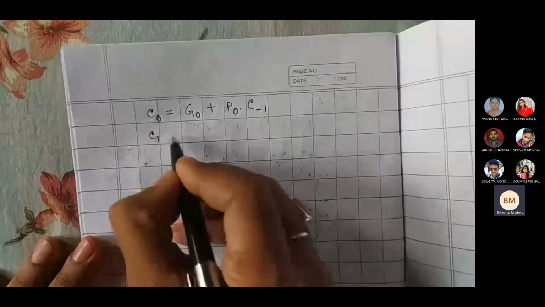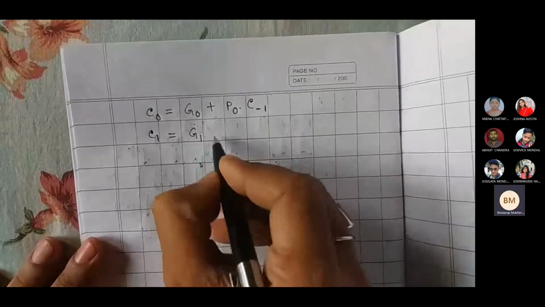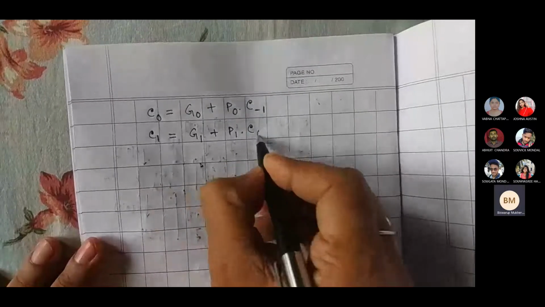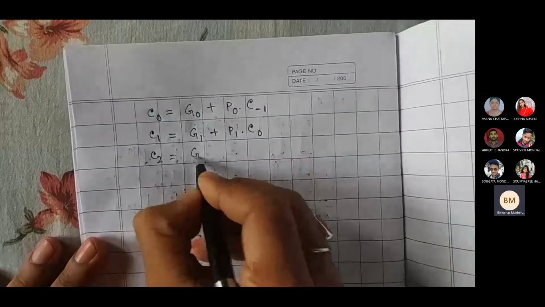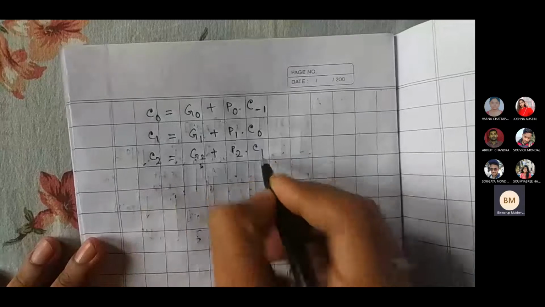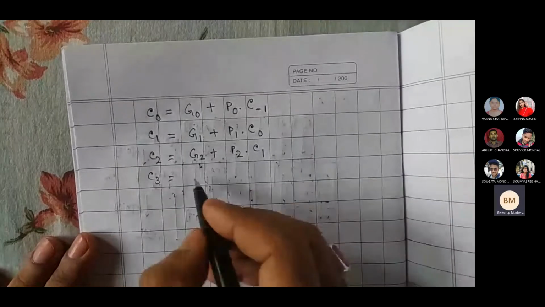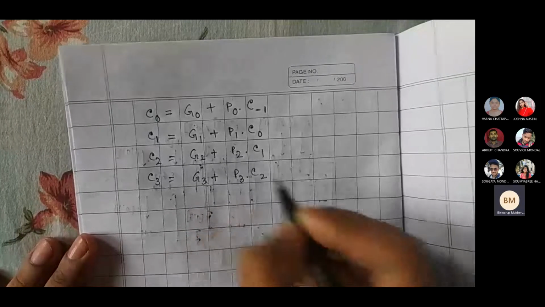Similarly, for any stage, C1 can be written as G1 plus P1 dot C0. C2 can be written as G2 plus P2 dot C1. C3 can be written like this: G3 plus P3 dot C2, and so on.